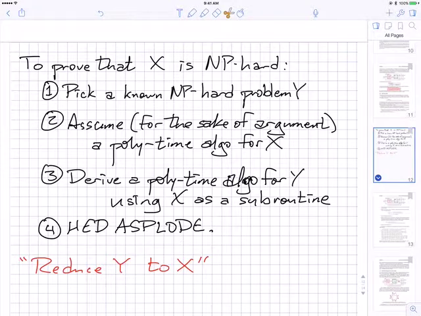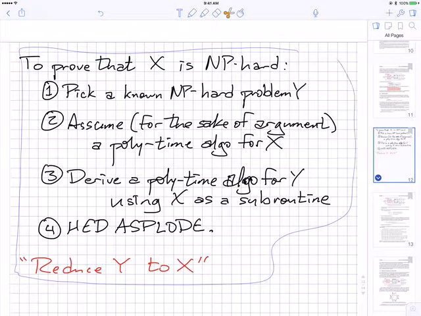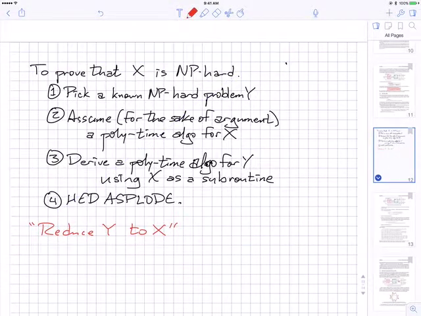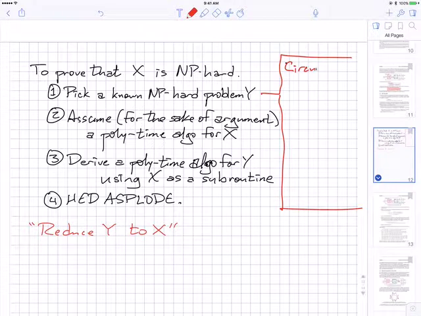When we're starting out doing this at the beginning, the only known problem Y I have starting out is circuit SAT.